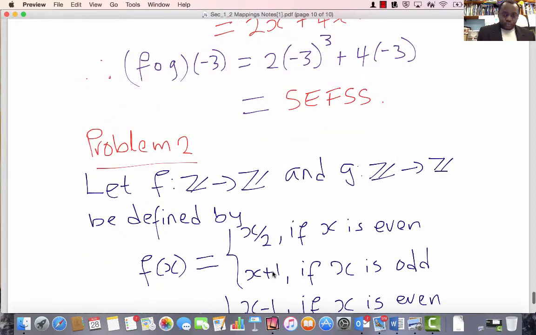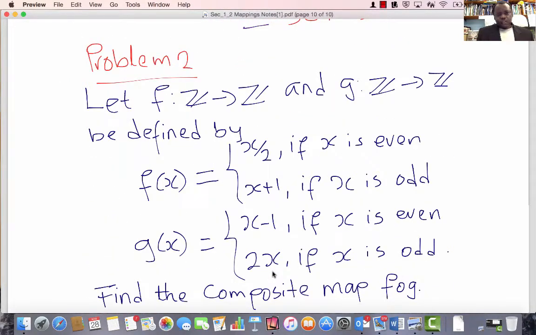Problem number 2. Once more, let F be a mapping from Z to Z and G a mapping from Z onto Z. Define both mappings as follows. F of X equals X over 2 if X is even, or X plus 1 if X is odd.